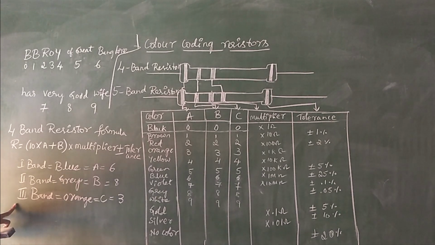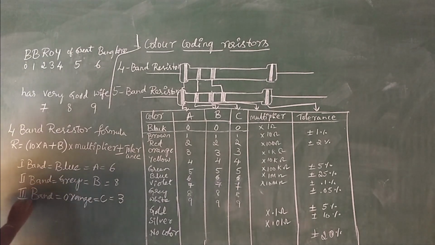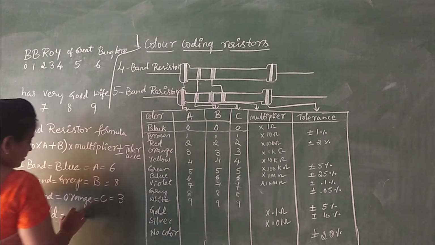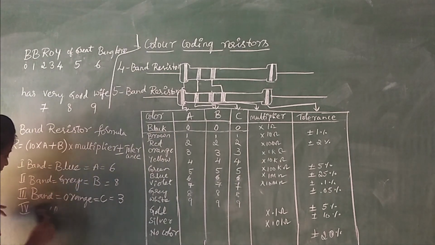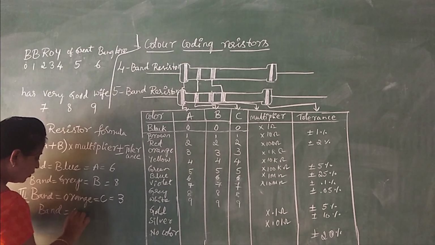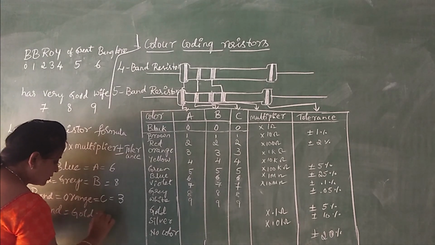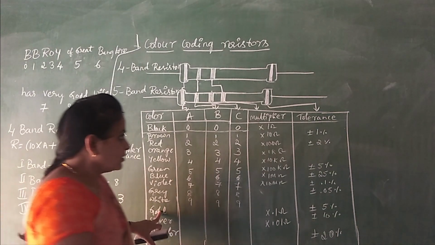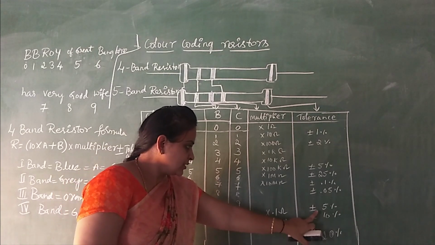Next we have the tolerance, that is the fourth band, gold. Gold has a tolerance of plus or minus 5%.